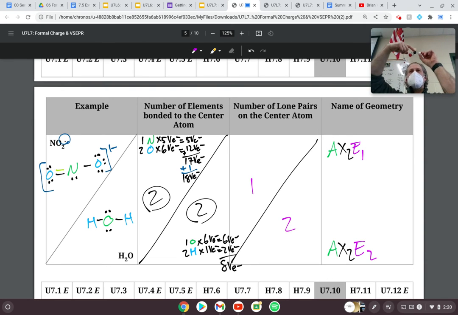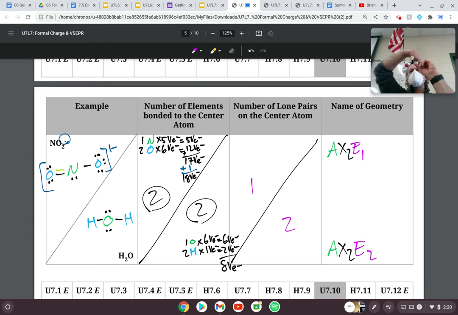So here's my central atom. Here's 2 atoms bonded to the central atom, right? And because there's 2 atoms bonded to the central atom, and an unshared pair of electrons on top, here's the thing. Instead of being linear like the last one, this unshared pair of electrons on the top is so negative that it's creating a lot of negatively charged space on top of this central atom.